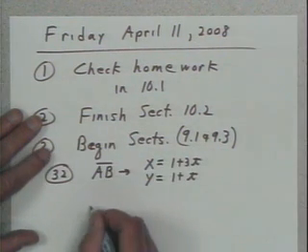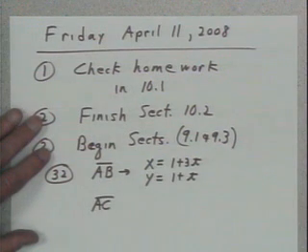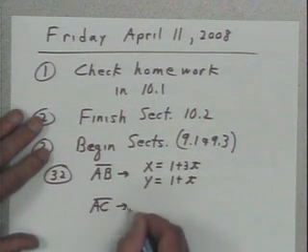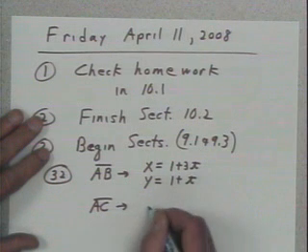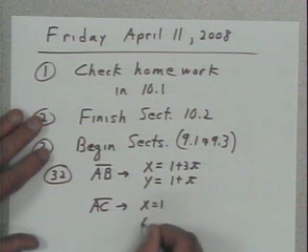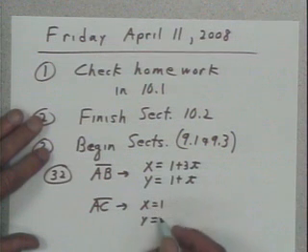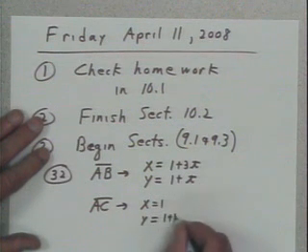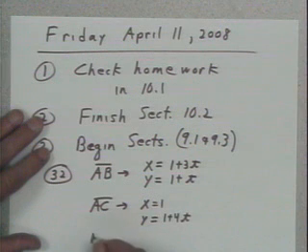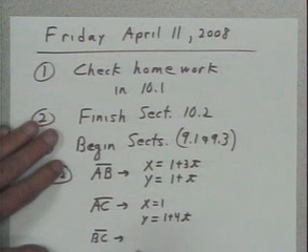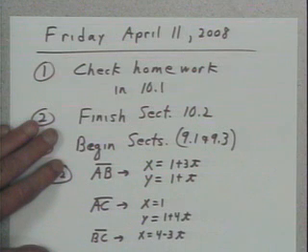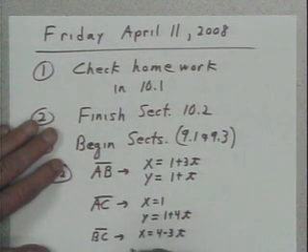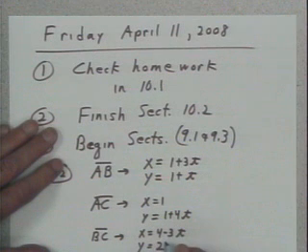And then to get segment AC, another side of the triangle, you had to graph x equals 1 and y equals 1 plus 4t. And finally, to get the side BC, you had to graph x equals 4 minus 3t, that's for the x, along with y equals 2 plus 3t.